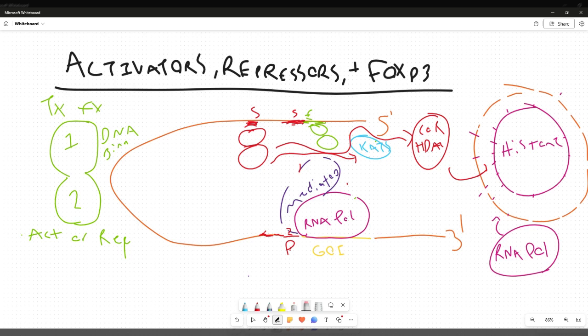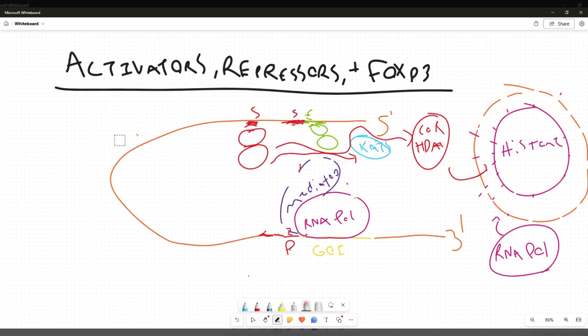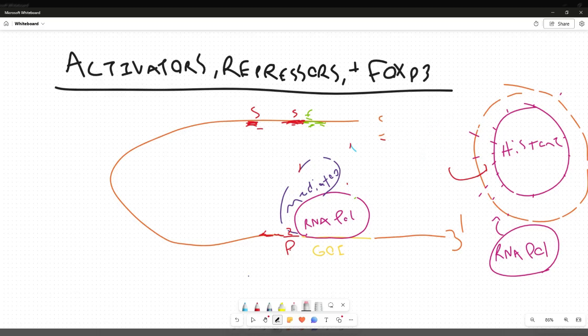You're like, okay, well, what does this have to do with Foxp3? So let me clean up my whiteboard a little bit. Maybe I want to keep my 5' up there. 5'.